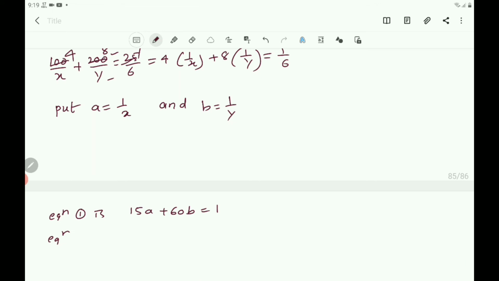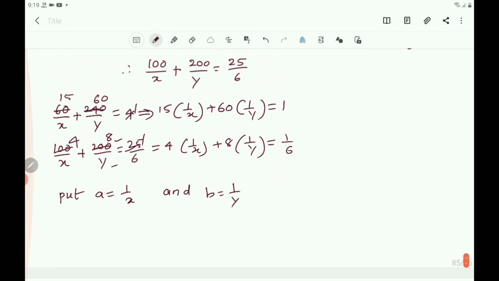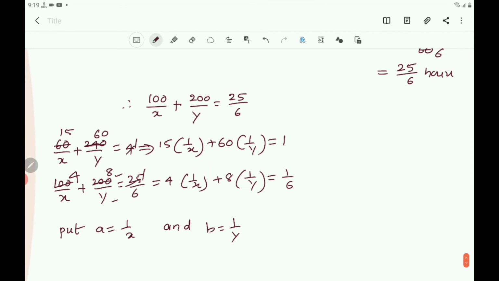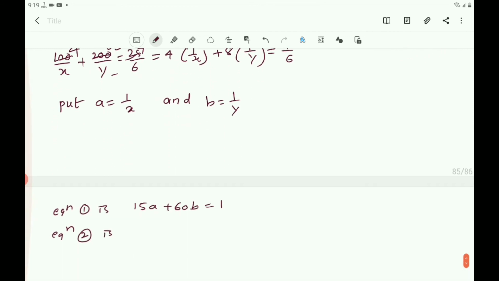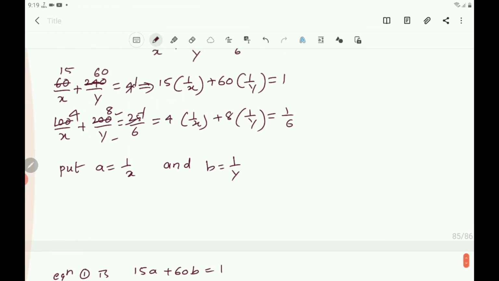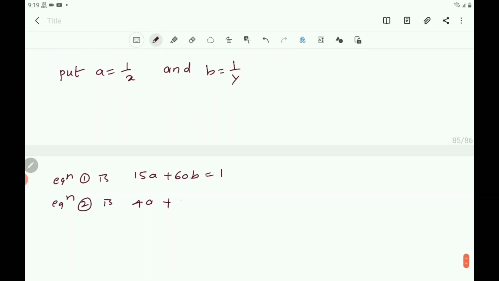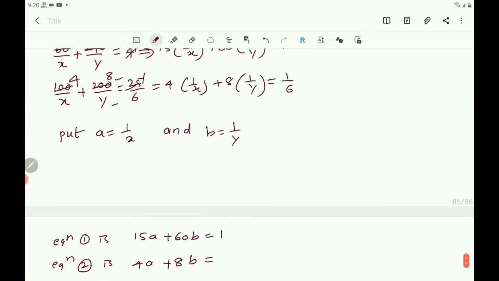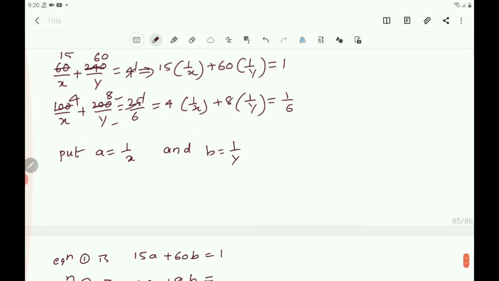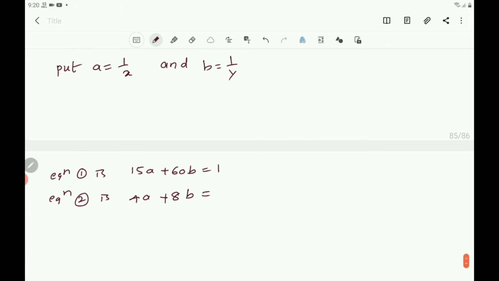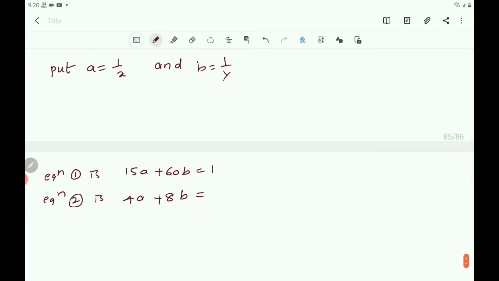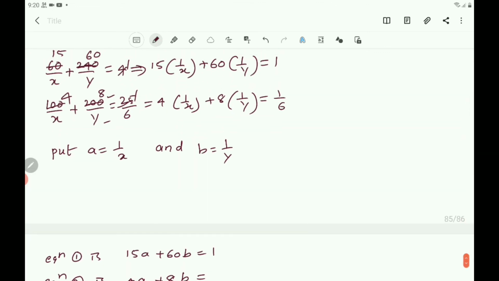Equation 2 is 4a plus 8b equals 1 by 6. With 1 by 6 you can do one simplification.